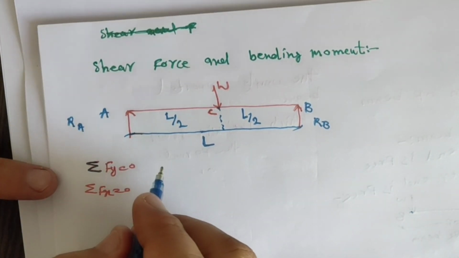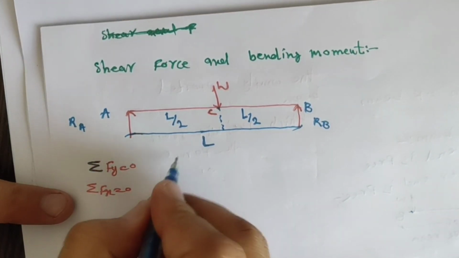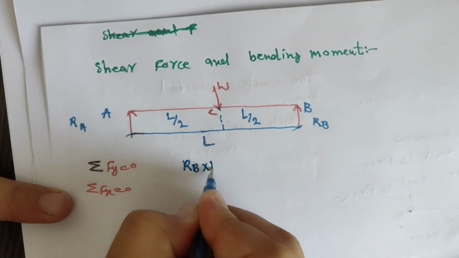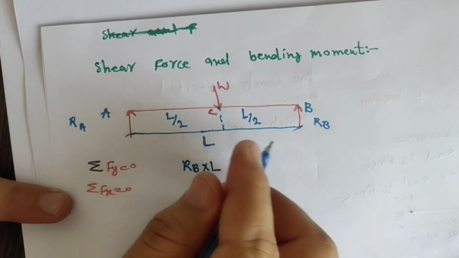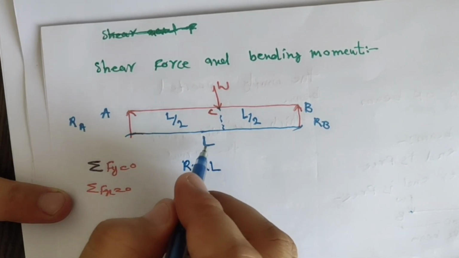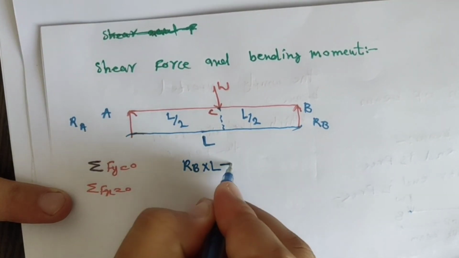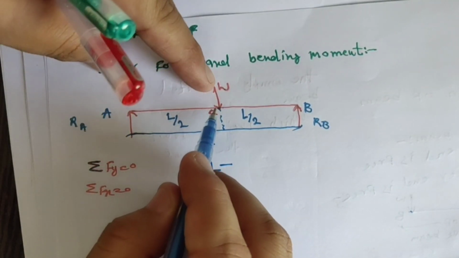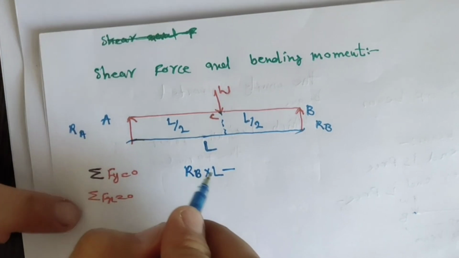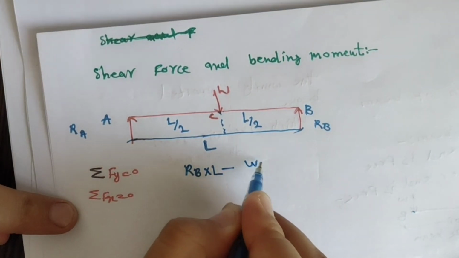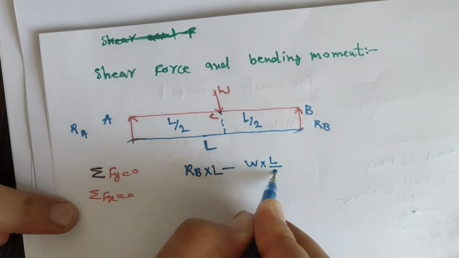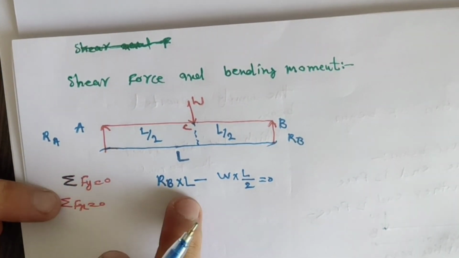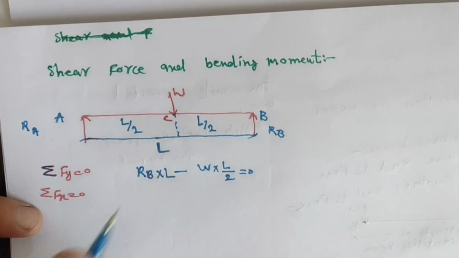That is the same convention of shear force. RB into L, why L? Because the entire span is L, minus W, which is acting at the center of this beam, W into L by 2, is equal to 0, because the summation of vertical forces is equal to 0.